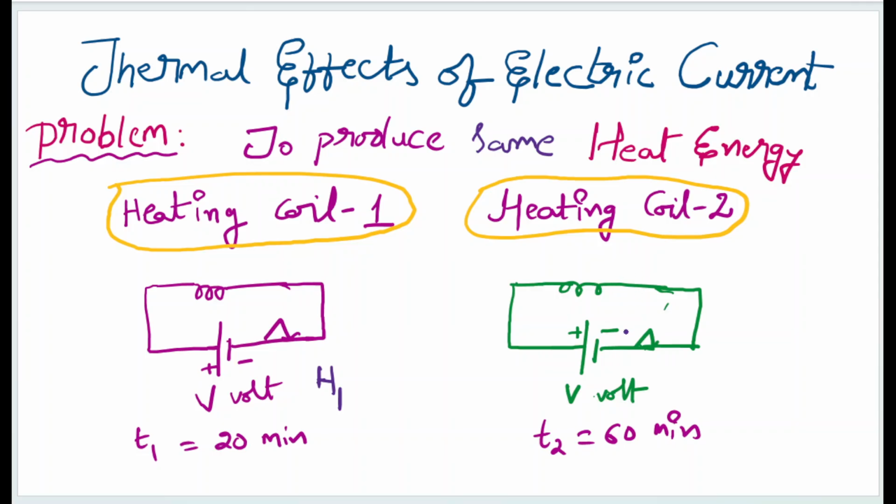And heating coil 2 produces the same, that is H2. Here in the problem H1 is equal to H2. Let us suppose H1 is equal to H, and H2 is also H.